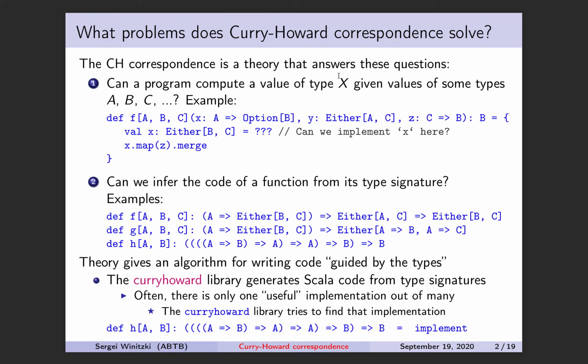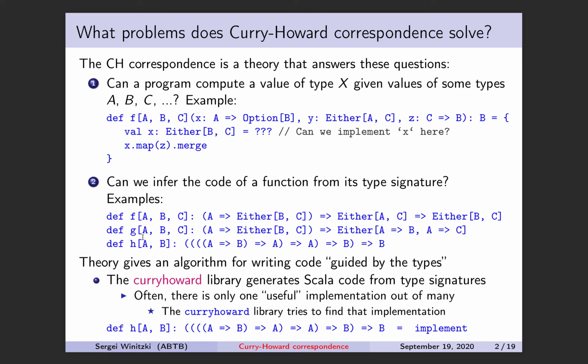The second question that the Curry-Howard correspondence answers is, can we infer the code from the type? So it's a very specific kind of inference, code inference. You're given a type signature and you're trying to derive the code of the function directly from the type signature.